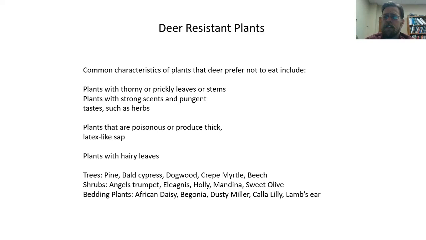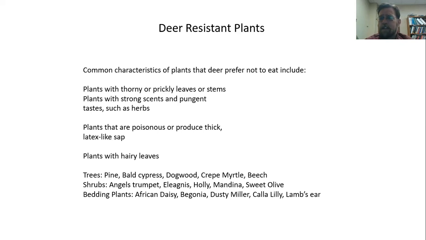For shrubs, things like angel's trumpet, hollies, which can be trees as well, and sweet olive are all kind of deer resistant, and things like African daisies and begonias and calla lilies are all really effective bedding plants that are kind of resistant to deer as well.